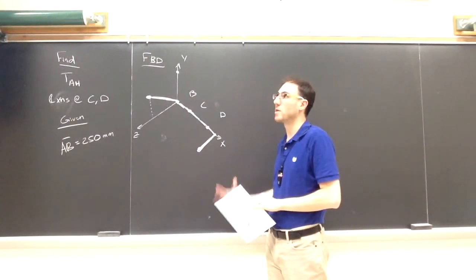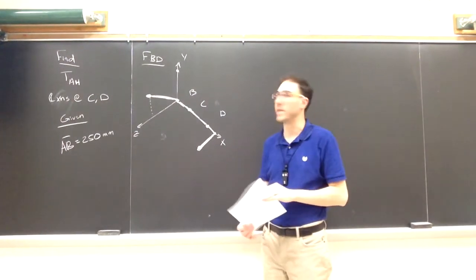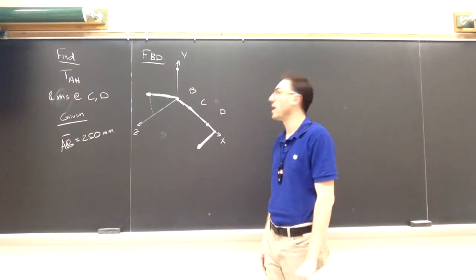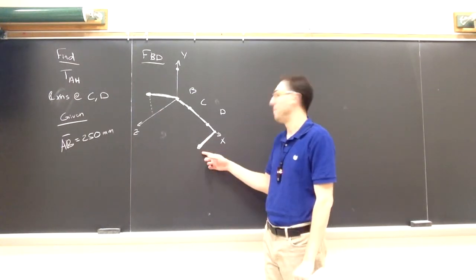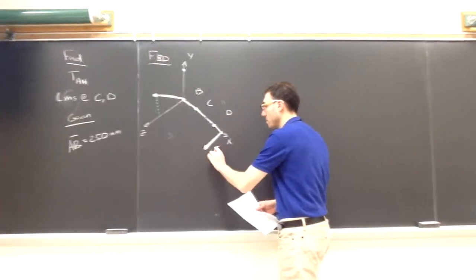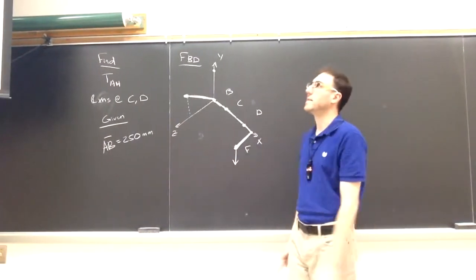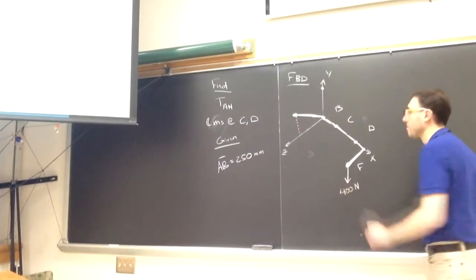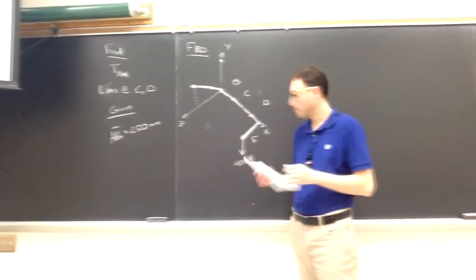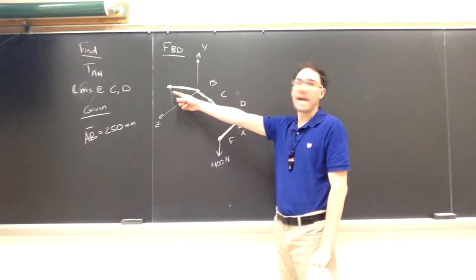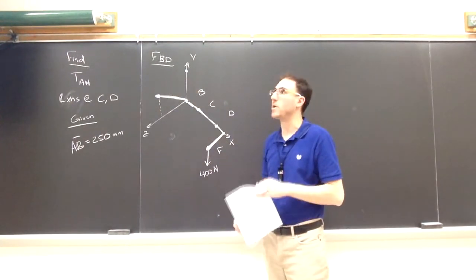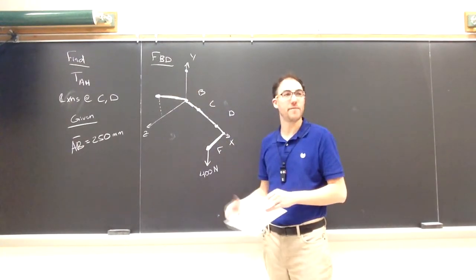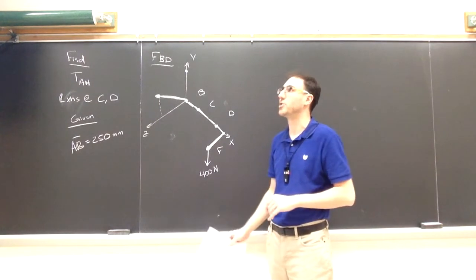Now what I'll put on here, I'll start with the applied load, since those are going to be the easiest. We have one applied force acting at point F, and that's in the negative Y direction at 400 newtons. At A, because we're not including the rope in our picture, I have to model the effect that the rope has on the shaft.